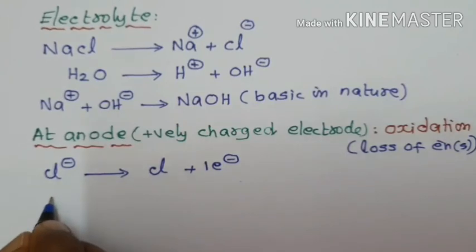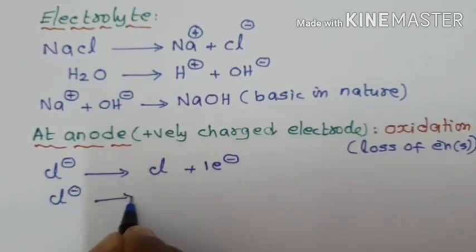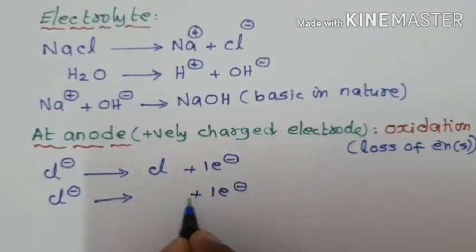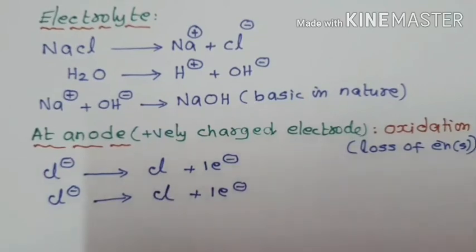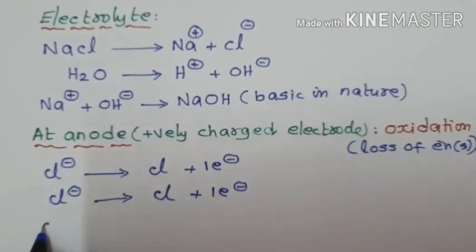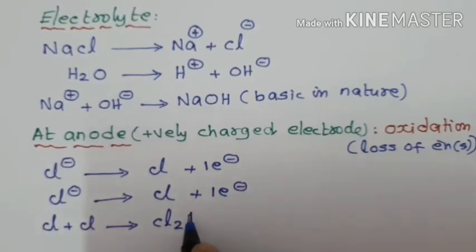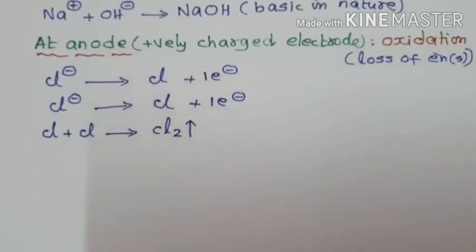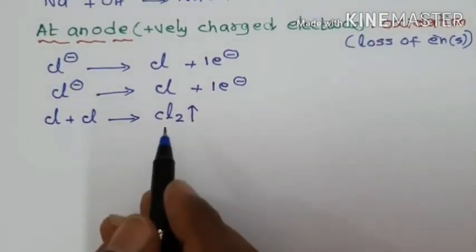Like that, more and more Cl- ions move towards the anode, lose electrons and become chlorine atoms. Chlorine atoms Cl and Cl combine with each other and form a chlorine molecule. That chlorine is liberated as chlorine gas near the anode. So manufacture of chlorine is over.